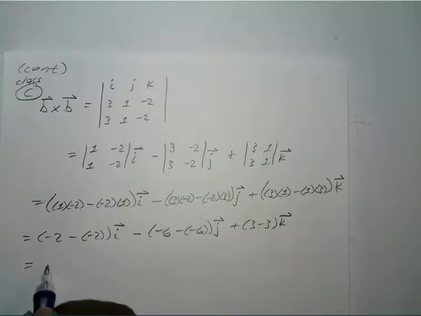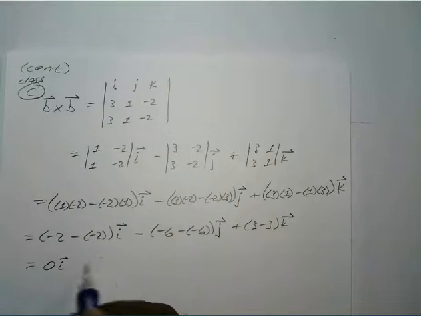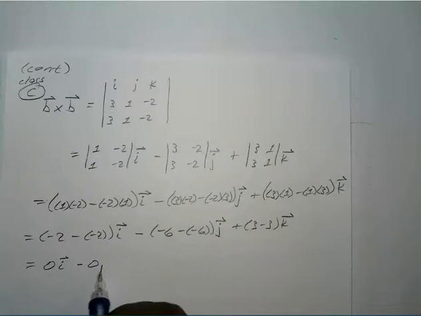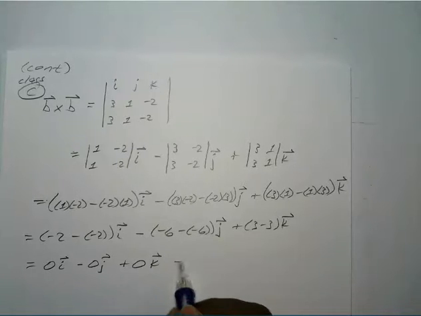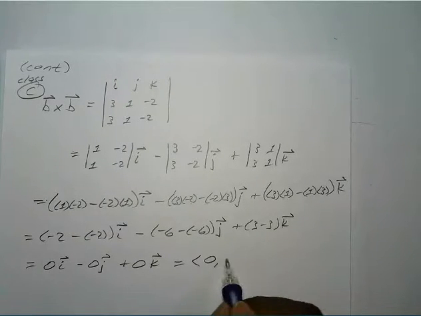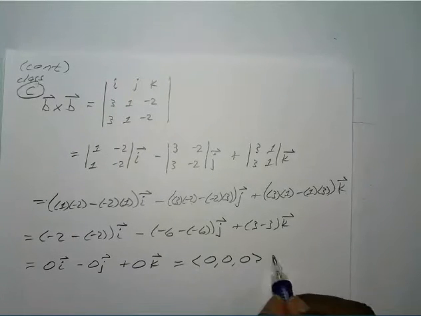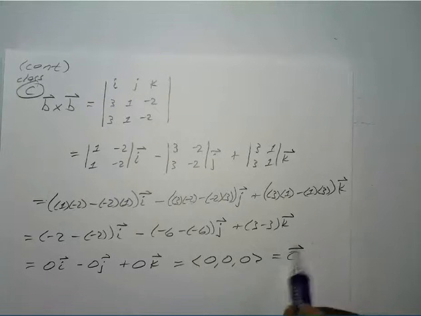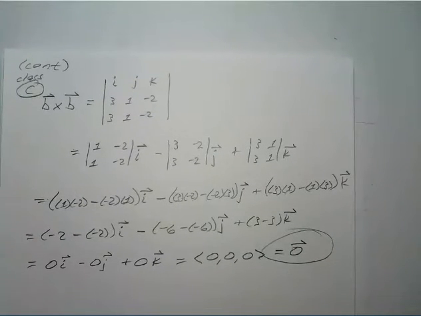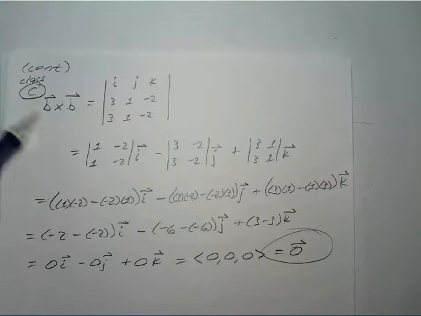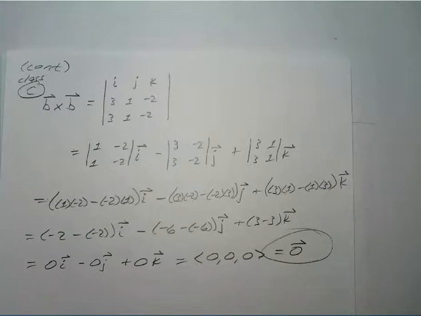So that's just going to be 0 times the I vector, minus 0 times the j vector, plus 0 times the k vector, which is just a 0 vector. Which is why the property is, if you get the cross product of a vector with itself, it's a 0 vector.